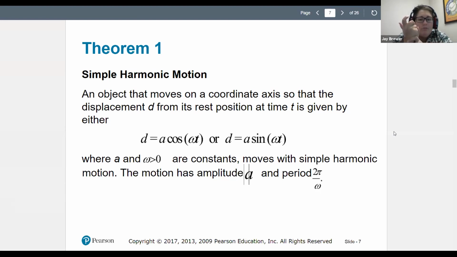Again, our amplitude is positive, so you have to remember to take the absolute value of A, okay? And then, obviously take a look at that. We're once again considering our sinusoidal curves.